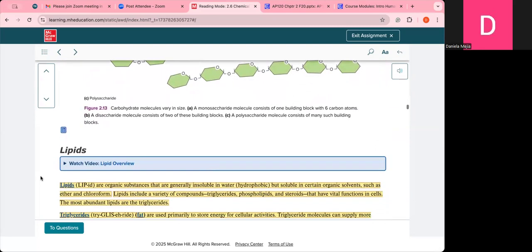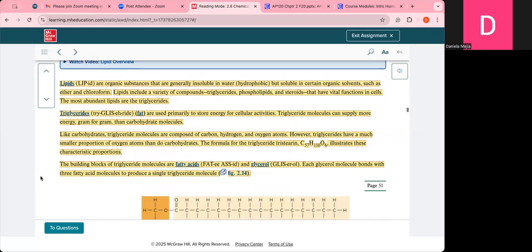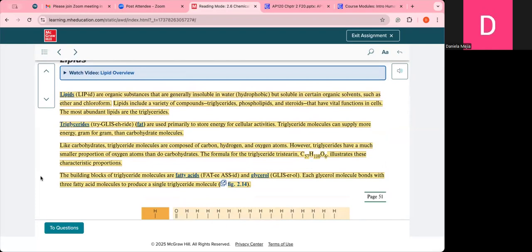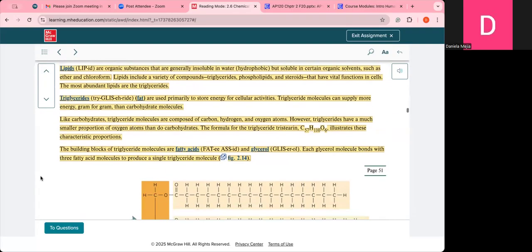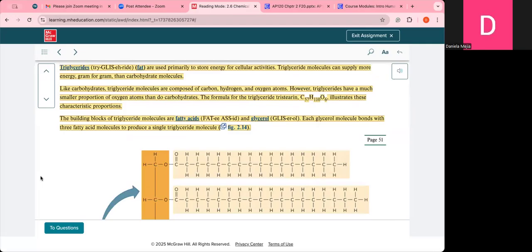We're reading about blood. Lipids are substances that generally are insoluble in water, but triglycerides are used primarily to store energy. The building blocks are fatty acids and glycerol.